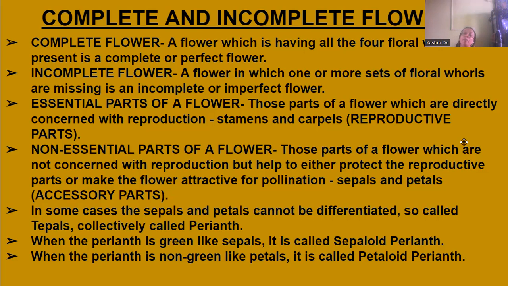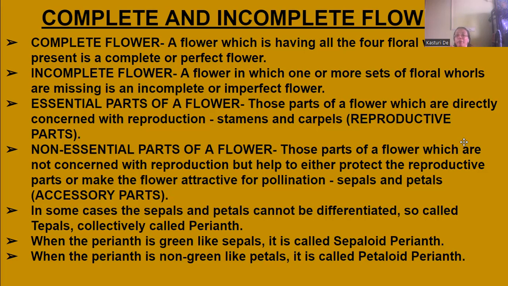Now when the perianth is green in color, like the sepals, it is known as sepaloid perianth. When the perianth is non-green or brightly colored like petals, then it is known as petaloid perianth because it looks like petals.